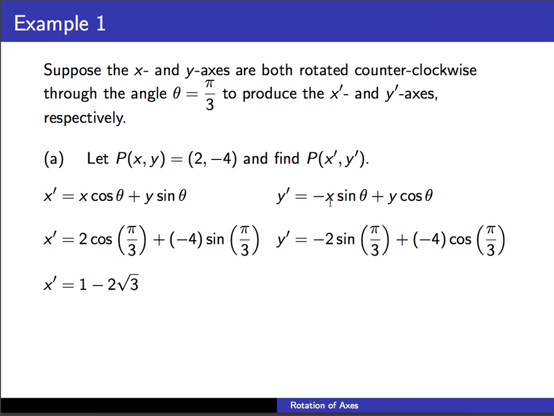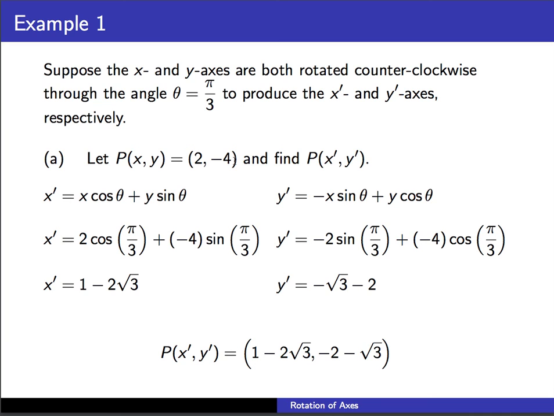So that's negative 2 times the sine of pi over 3 plus negative 4 times the cosine of pi over 3. Negative 2 sine of pi over 3 gives us negative square root of 3, and negative 4 times the cosine of pi over 3 gives us negative 2. So our new point has the coordinates 1 minus 2 square root of 3 and negative 2 minus the square root of 3.